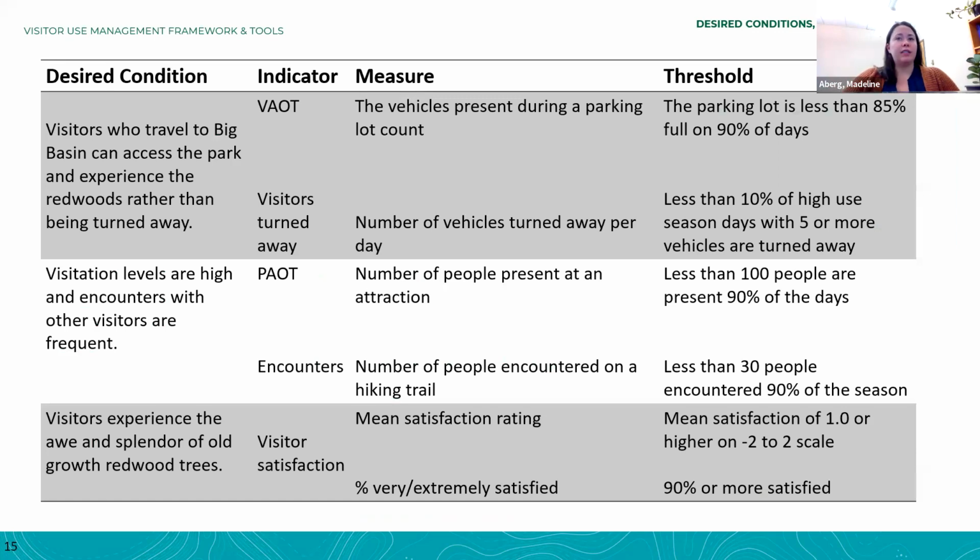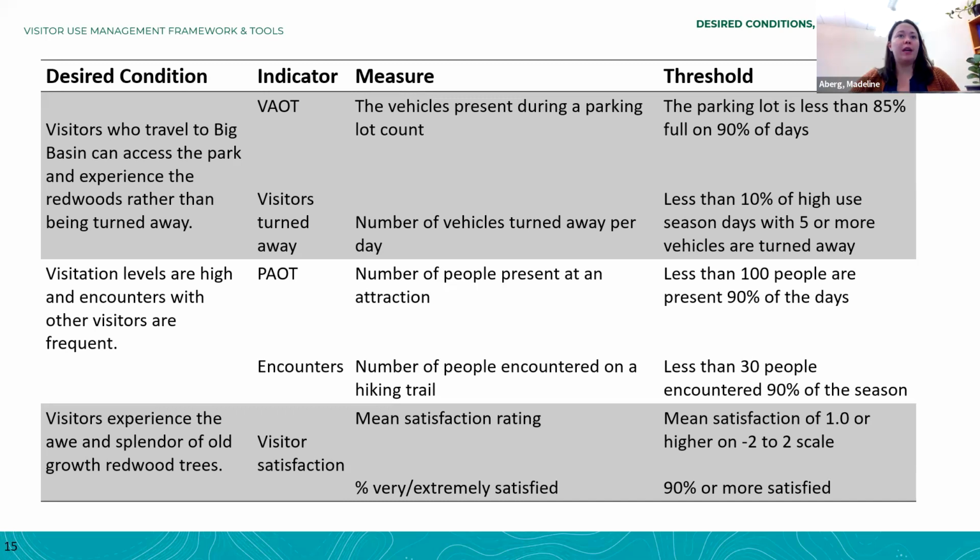So here is our same table, now with some potential thresholds added. These are not thresholds that have been adopted anywhere or at Big Basin, which we're using for the example. We're just using them here to illustrate what a threshold might look like for the given indicators and measures that we've been talking about.